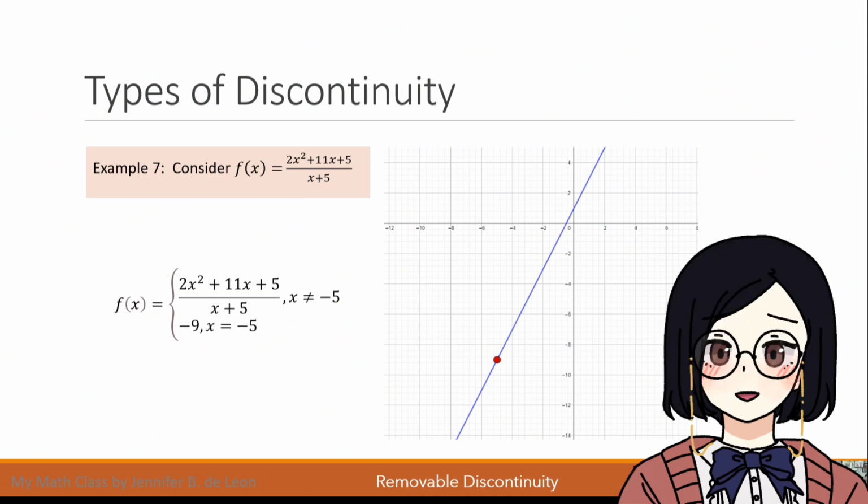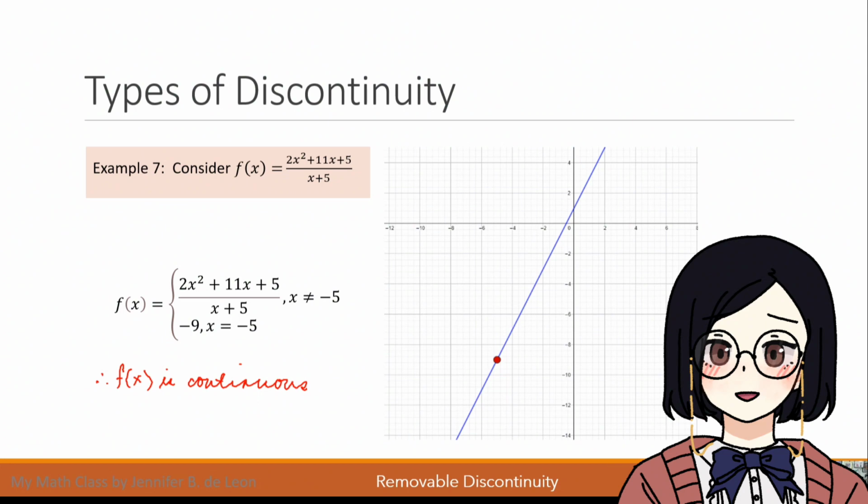Hence, we can already say that f of x is continuous at any point on the graph. So that makes sense why this kind of discontinuity is called removable discontinuity.